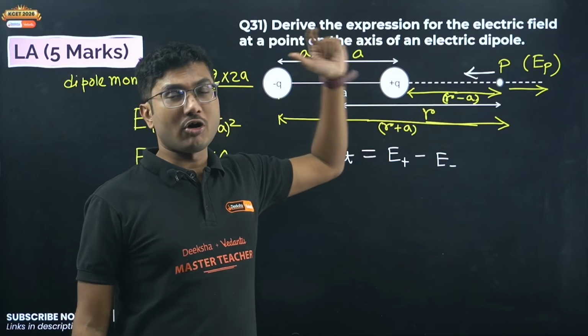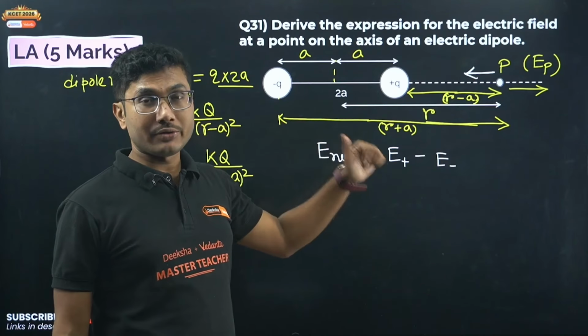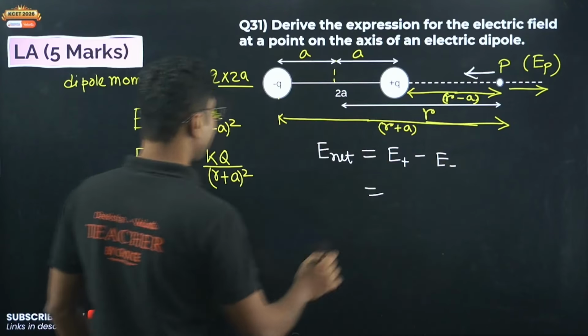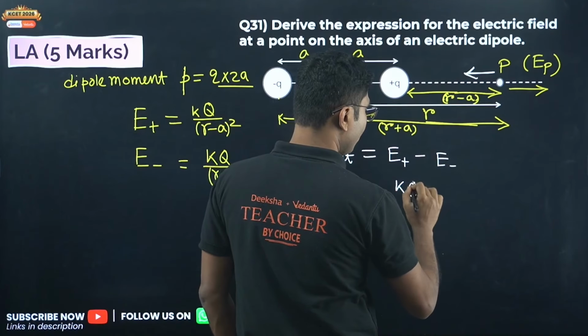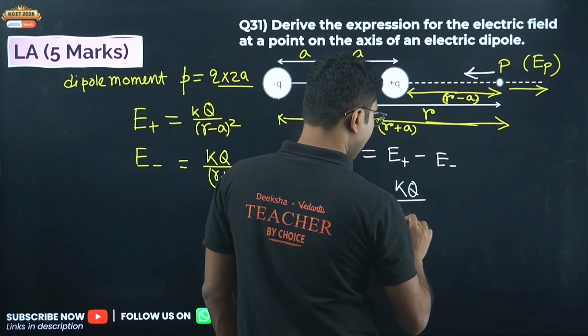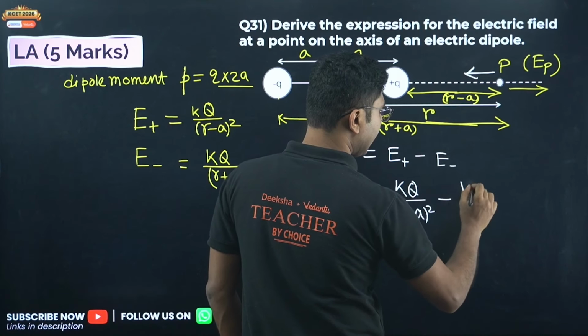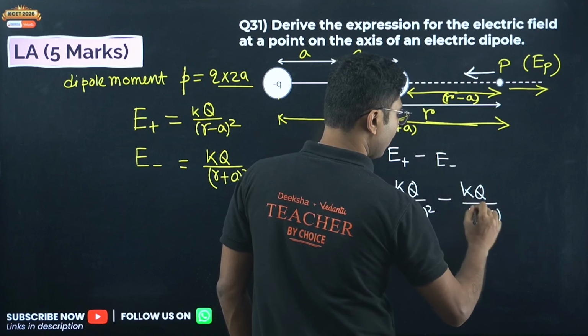The direction of the electric field is the most important thing when you are trying to calculate it. So E plus minus E minus, where E plus is given by KQ by R minus A whole square, minus KQ by R plus A whole square.